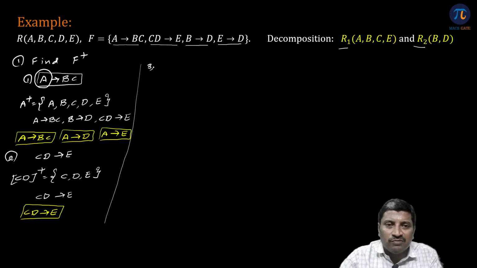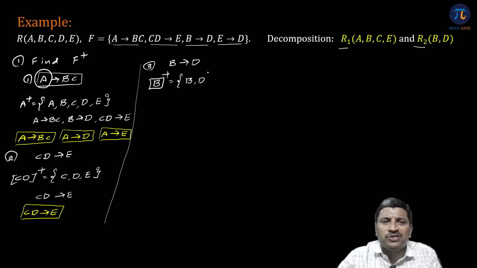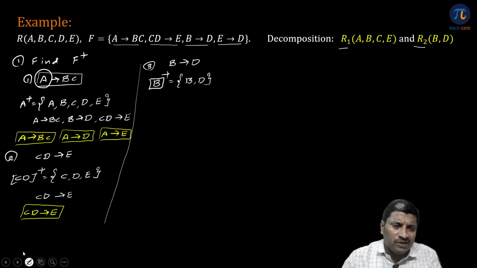Let us go to the third one. What is the closure of B, sir? The same process. Let us do it. B, D. Anything else possible? I think no. Right? That means what are the FDs you can write with this? You can write only B implies D. Then what is the fourth FD we are having, sir?